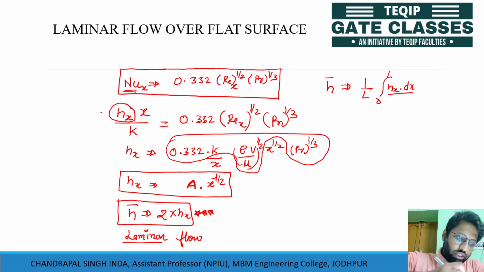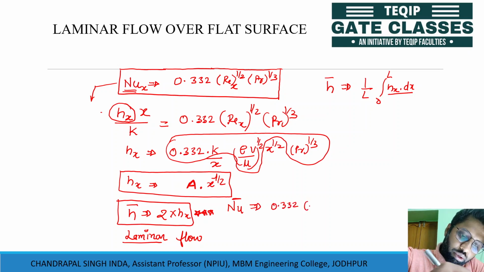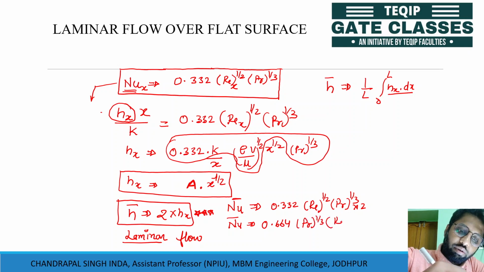So this empirical relationship can be written for the average Nusselt number: the average Nusselt number is equal to 0.332 Reynolds power 1 by 2 Prandtl power 1 by 3, multiplied by 2, or Nusselt number is equal to 0.664 Prandtl power 1 by 3 and Reynolds power 1 by 2.